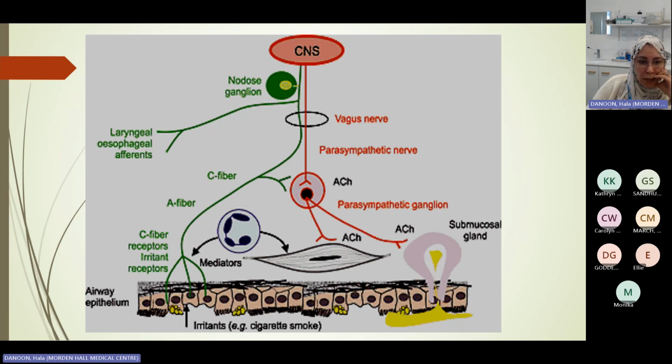Mediators can have a direct effect on the C fiber receptor and also on the muscles. The CNS can also affect acetylcholine and the production of mucus. This route shows you how inflammation can affect the exacerbation of asthma.